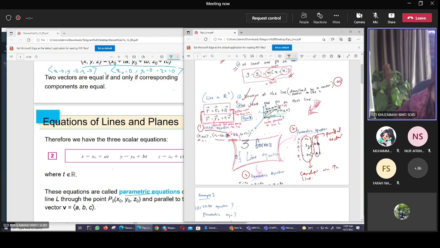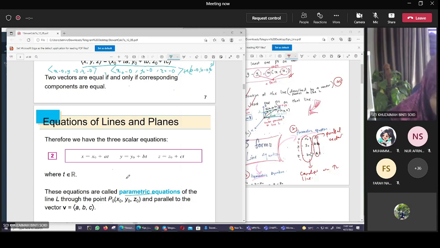The coefficient of this t is the parallel vector, not the coordinate. Because we have to know how to read from this equation. We must know that the parallel vector is the coefficient of t here.